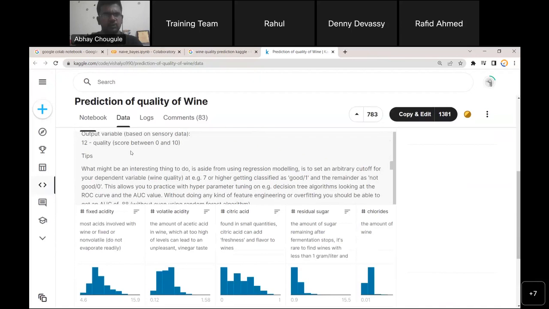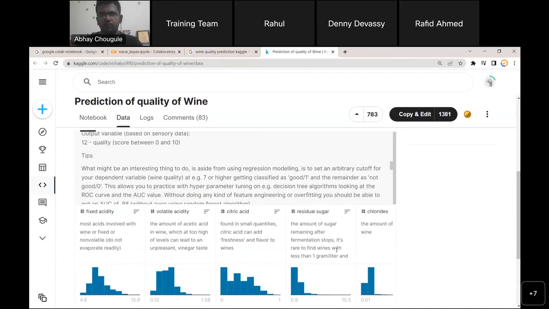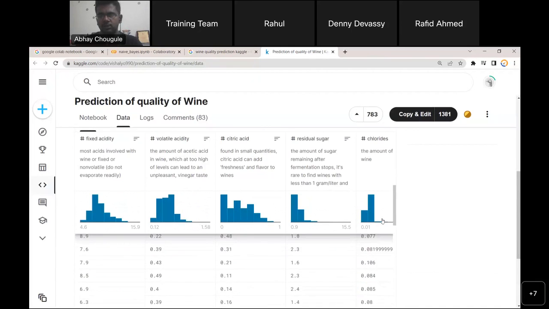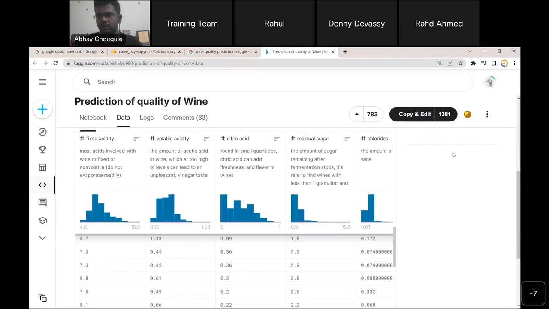See, this is quality. And if you want to predict a quality, the output variable is based on the scenario. This is a quality, no? So 0 to 10, you will get an output here. And check out where is that score bar.